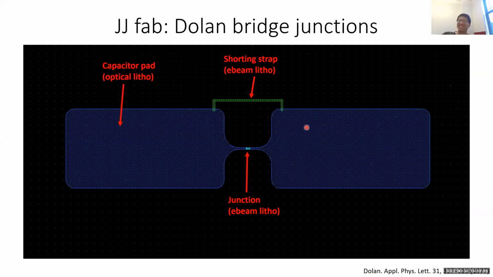One thing I also want to say is that from our experience and measurements, we haven't found any loss or degradation of coherence by adding the shorting strap. So we don't see any penalty when it comes to additional losses, and we just opt to put it in.